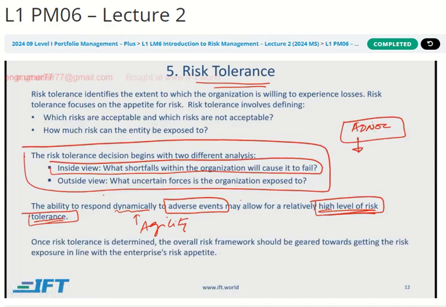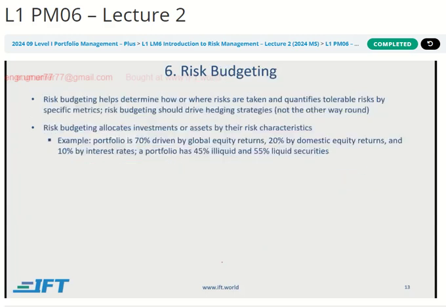And then of course, once the risk tolerance is set, then comes the amount of risk appetite you can take, and then you can move to risk budgeting: let me start taking that much exposure. And if I'm taking too much exposure, then I can reduce it by using hedging strategies. But hedging strategies come after my risk budgeting has been done.